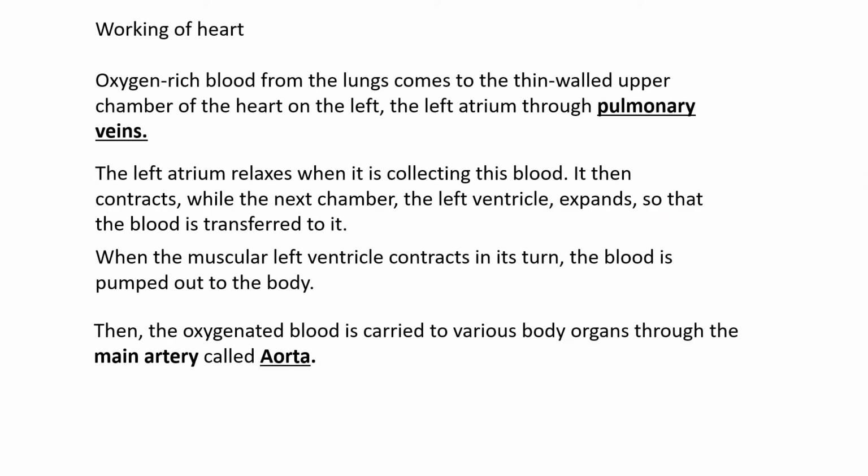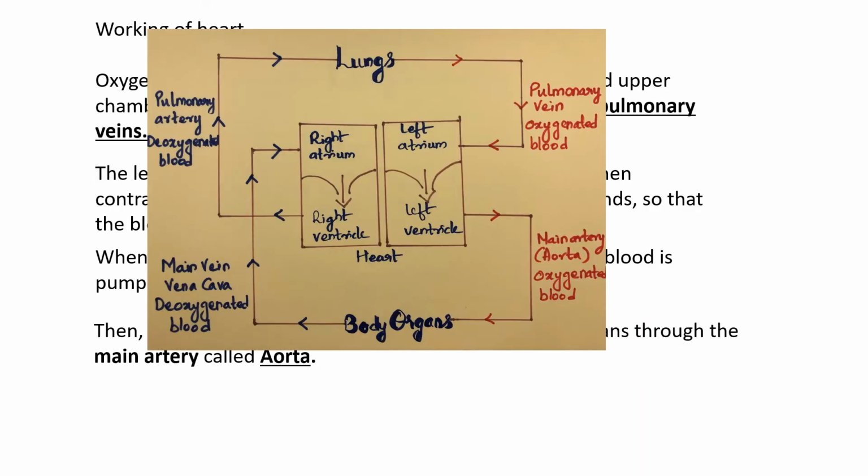Working of our heart. If you look at this picture, I have written heart in the middle, and there is right atrium, right ventricle, left atrium, left ventricle, and the lungs at the top, and below there are body organs. So when the oxygenated blood is carried from the lungs to the left atrium through pulmonary vein, the left atrium relaxes.